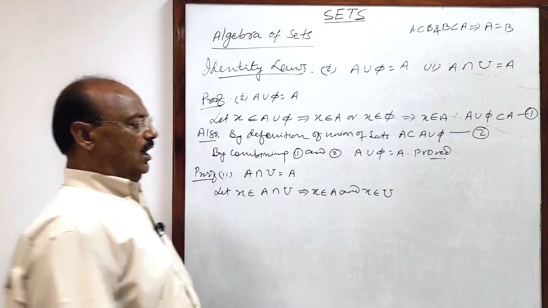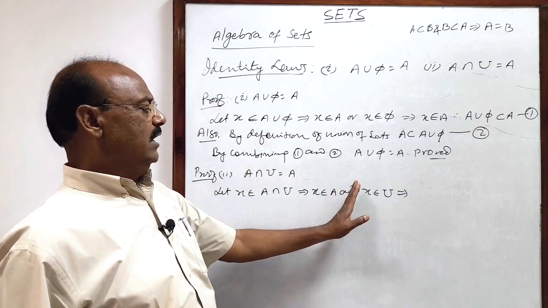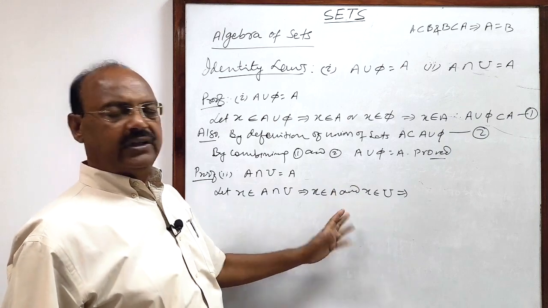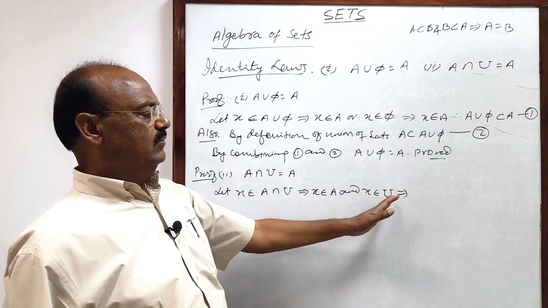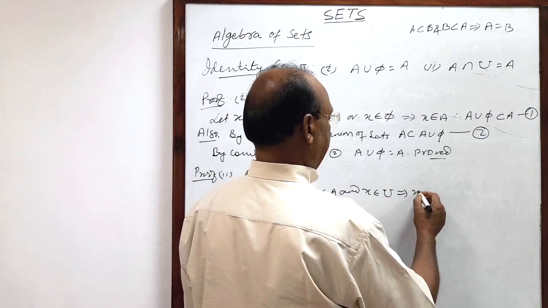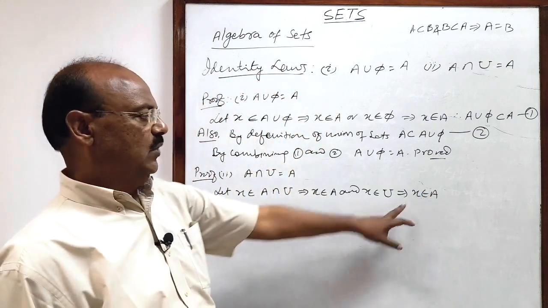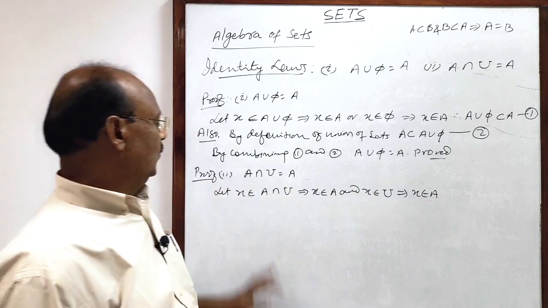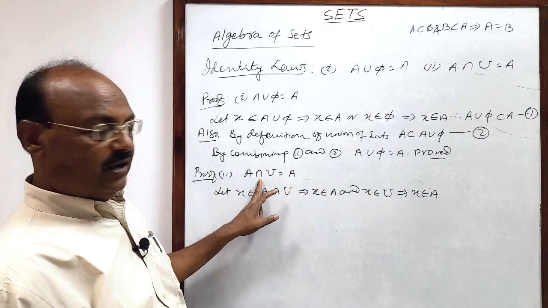Naturally, all elements belong to the universal set. Okay, and if you write only one part of the statement, nothing wrong. So here X belonging to A and X belonging to universal set, we can conclude here that X belongs to set A. You see, we started with element X belonging to the set in the left hand side.